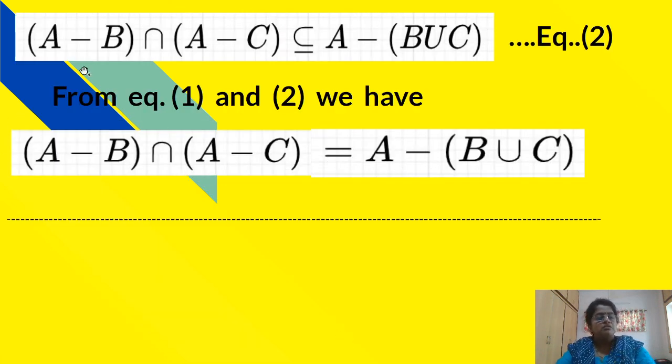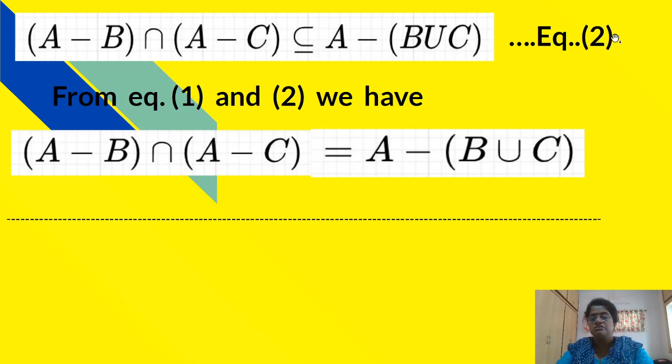Thus, we started from X belongs to (A minus B) intersection (A minus C), and we came to the conclusion that X belongs to A minus (B union C). It means that (A minus B) intersection (A minus C) is a subset of A minus (B union C).